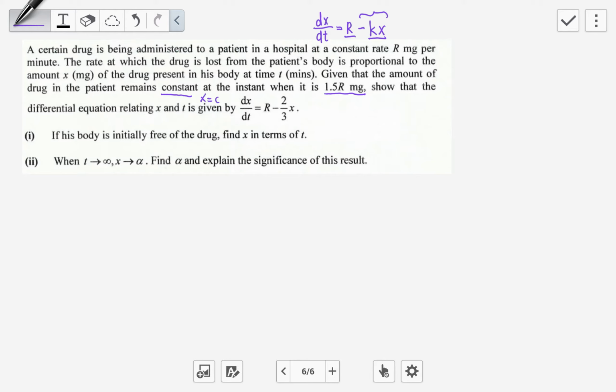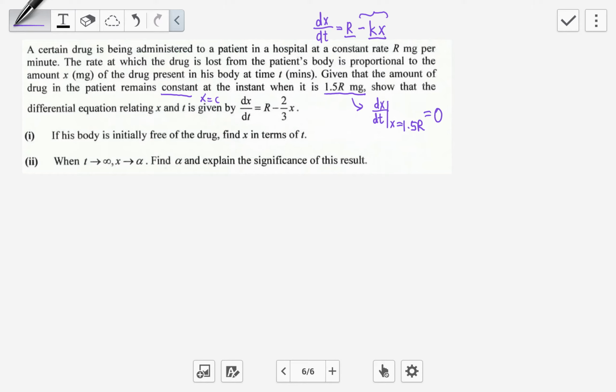So this simply means that dx/dt when the amount of drug in the body is 1.5R is equal to 0.